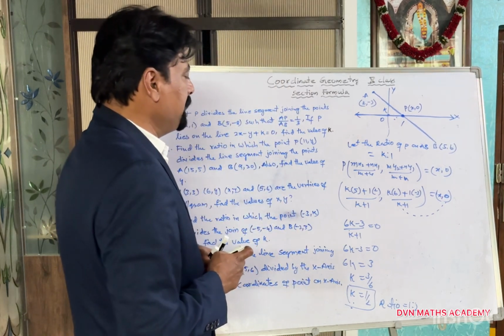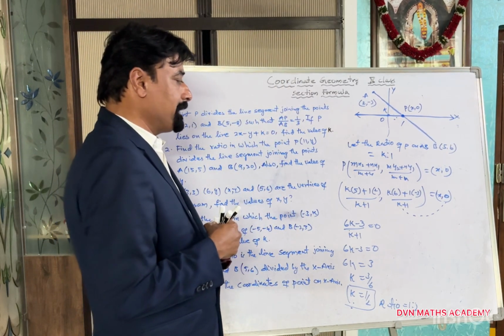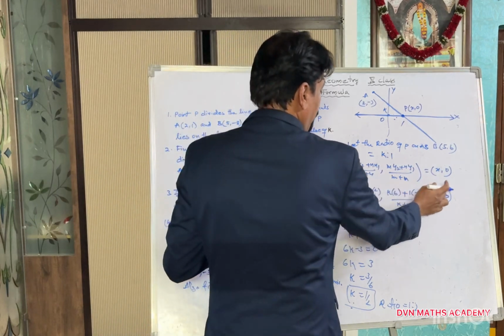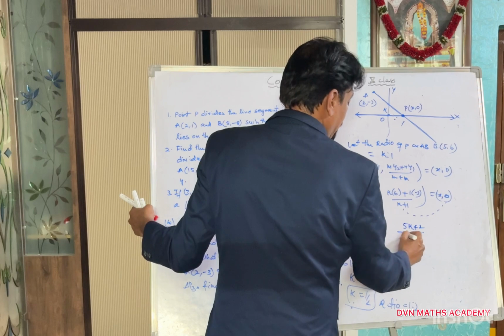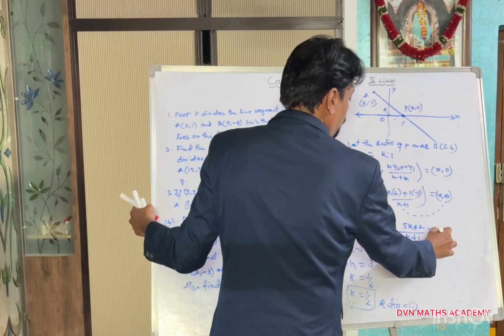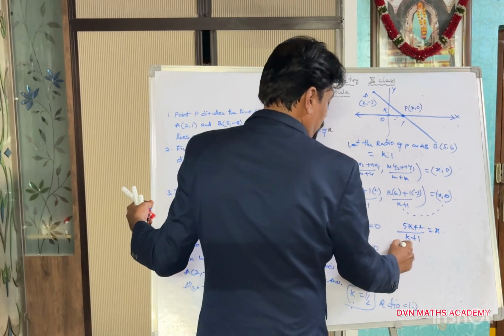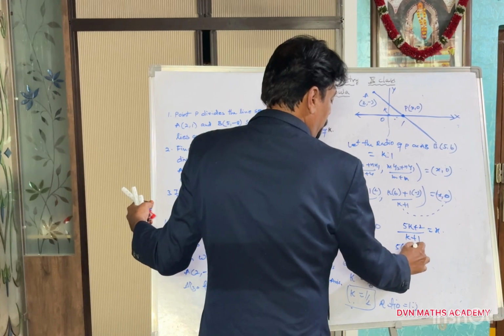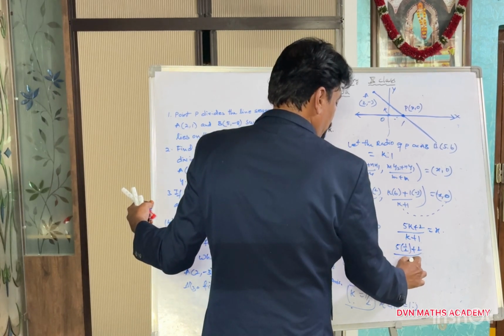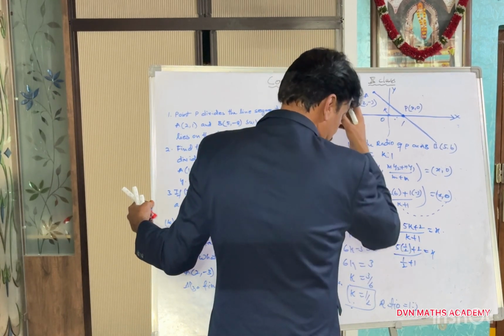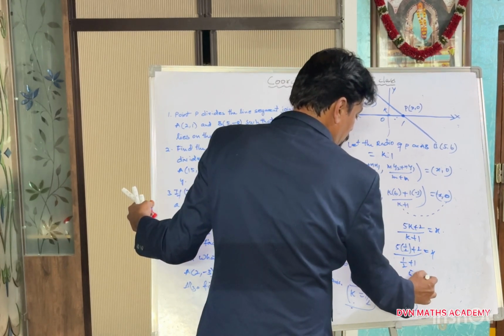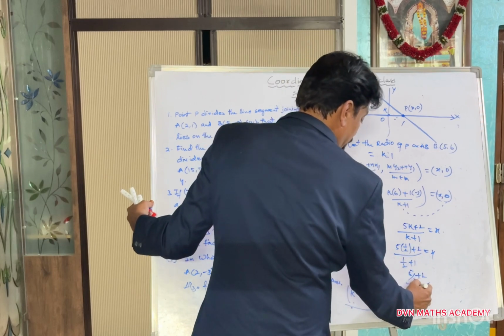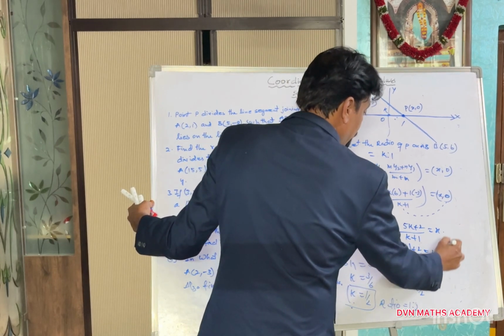Afterwards, he is asking to find the value of x. Now you compare the x coordinates. This is 5k plus 2 by k plus 1 is equal to x. So with k equal to 1 by 2, 5 into 1 by 2 plus 2, by 1 by 2 plus 1, is equal to x. This becomes 5 by 2 plus 2, that is 9 by 2, by 3 by 2, is equal to x.